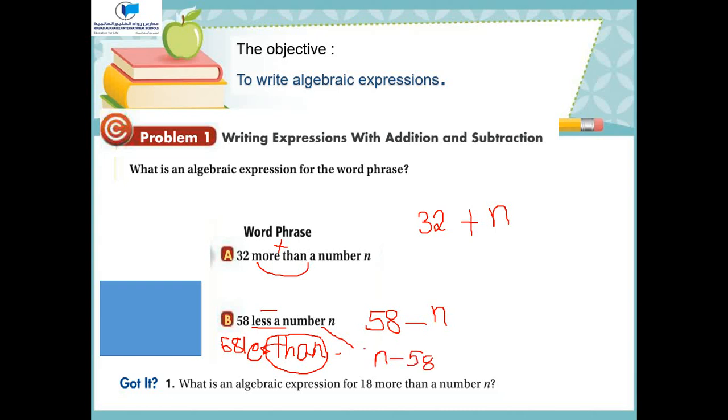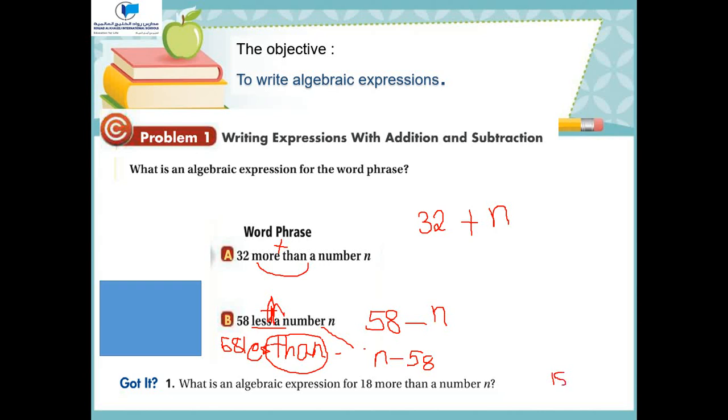So keep this in your mind. If there is then, you have to change the order of your expression. Other than that, follow your expression. Now, what is an algebraic expression for 18 more than a number n?